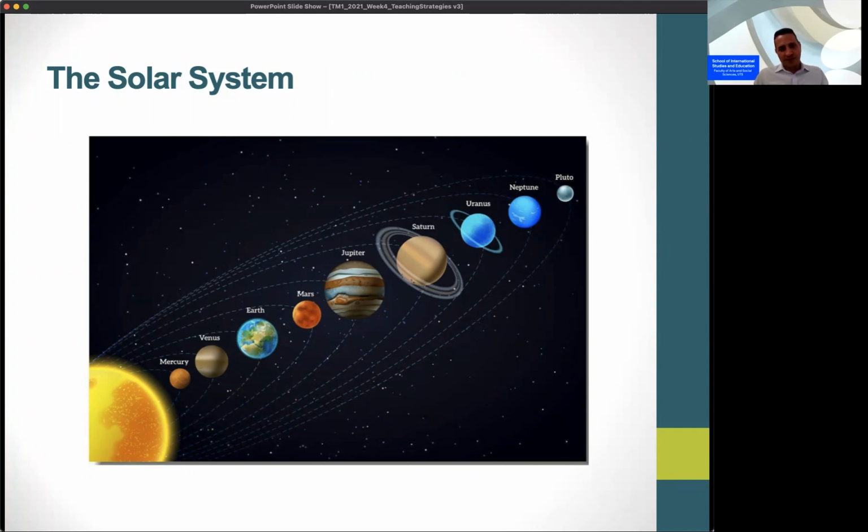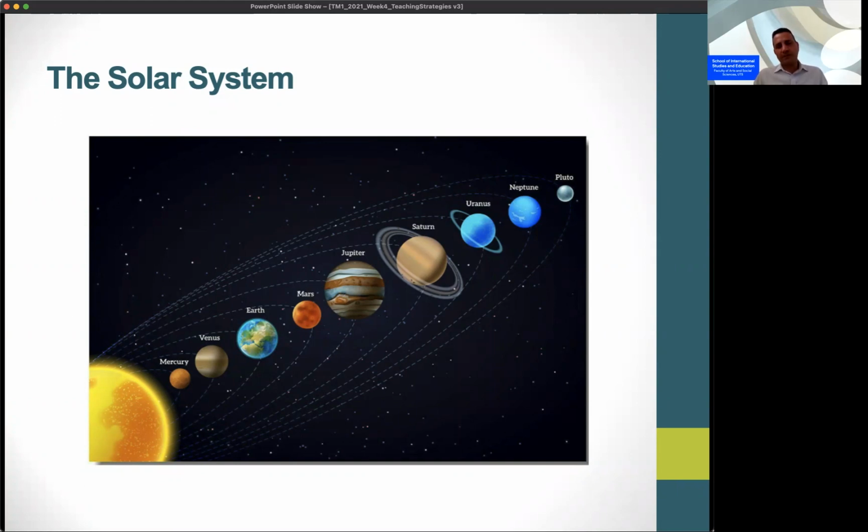In the stage 4 science syllabus, the students need to know about the relative distances of the planets from the sun. And one thing I've seen, and again, I've done this myself, when I started teaching 20 years ago, the first chapter in the textbook would talk about Earth and space, and there'd be a page on each planet.